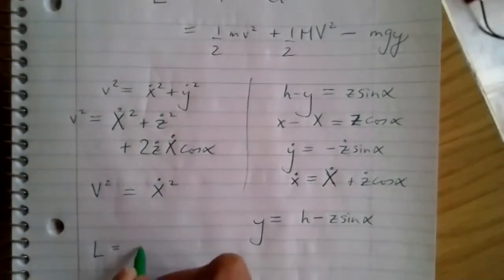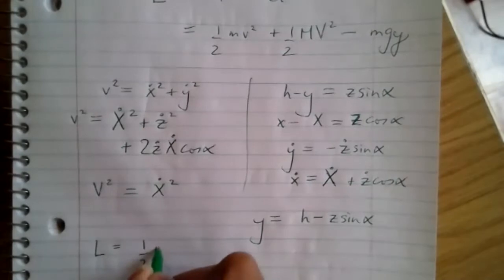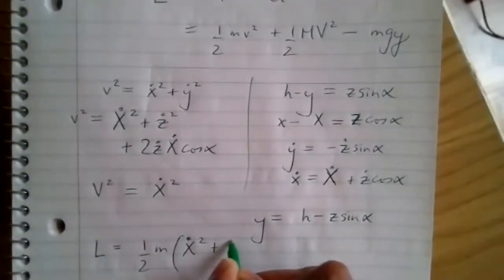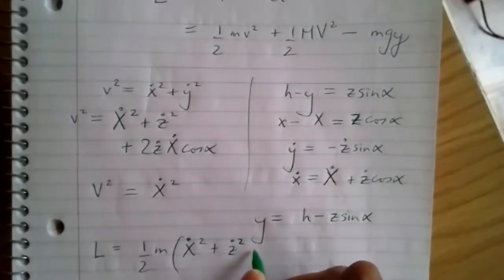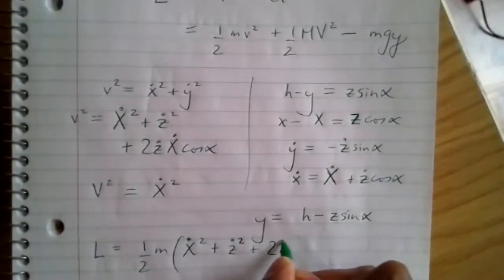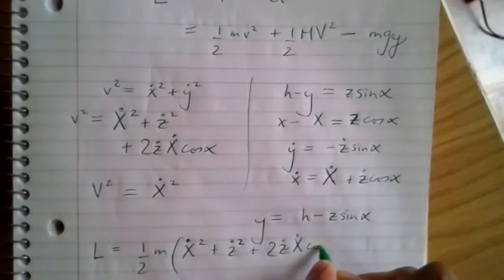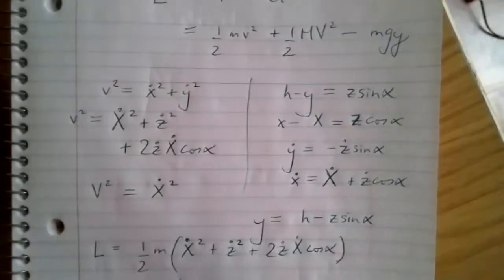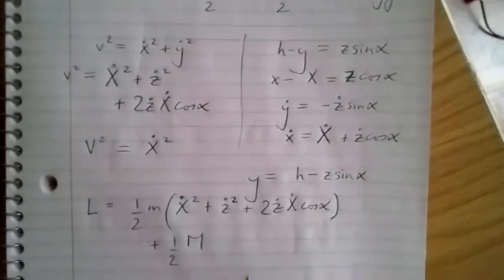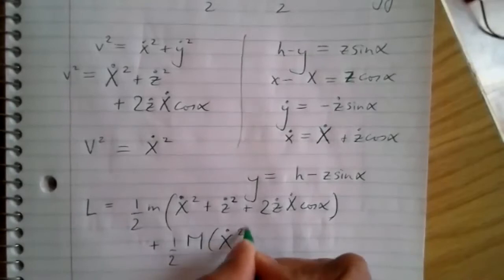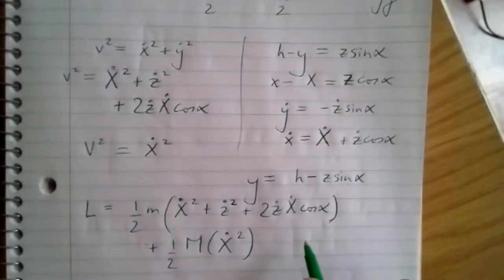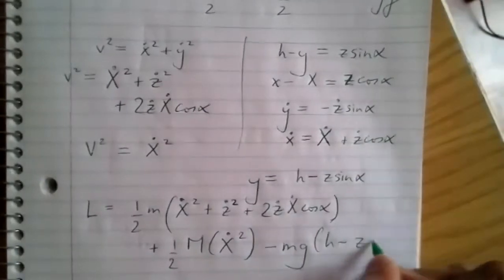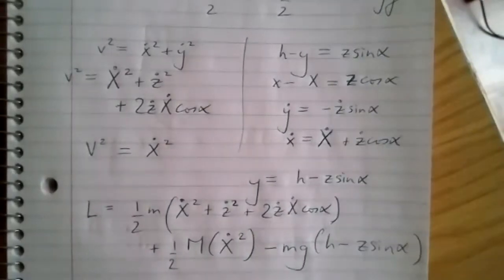So we have L is equal to 1/2 little m (x dot squared plus z dot squared plus 2 z dot x dot cosine alpha) plus 1/2 big M x dot squared, and then minus mg(h minus z sine alpha).